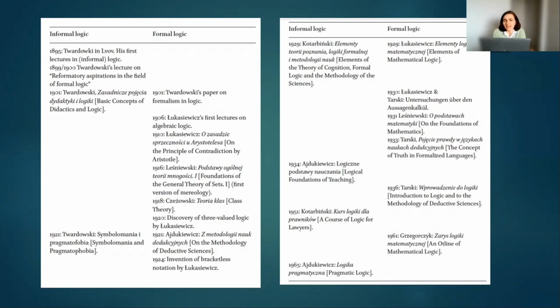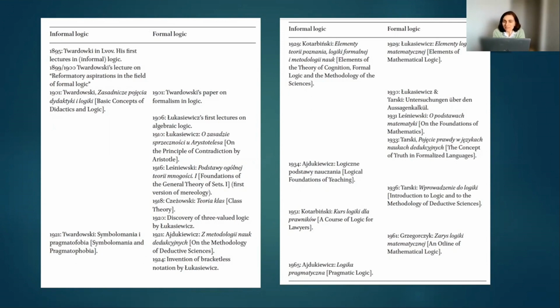Let's look further. In 1929, Kotarbiński, a student of Twardowski, wrote his book, Elements of the Theory of Cognition, Formal Logic and the Methodology of Sciences. It included some elements of formal logic, but even more of informal logic. It's the famous textbook of Kotarbiński called Elementy. But the same year, Łukasiewicz published his book Elements of Mathematical Logic, which is a very formal textbook.